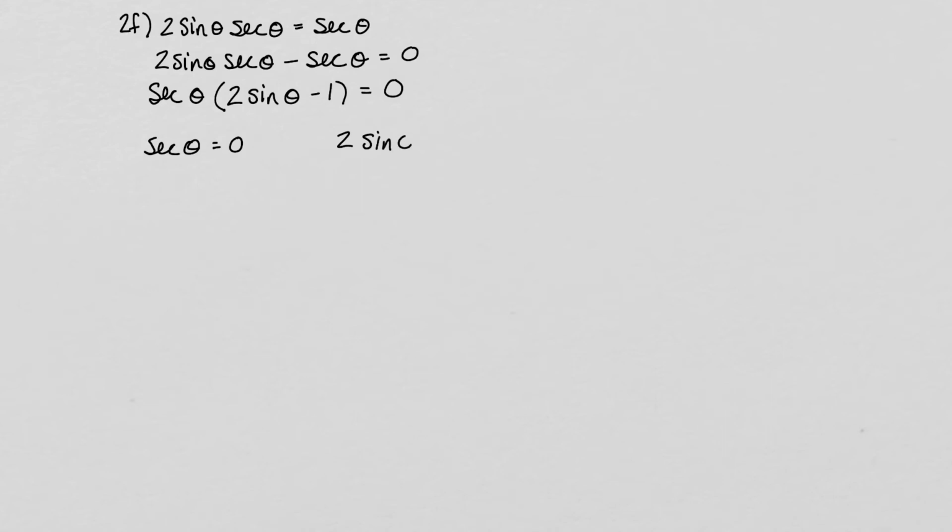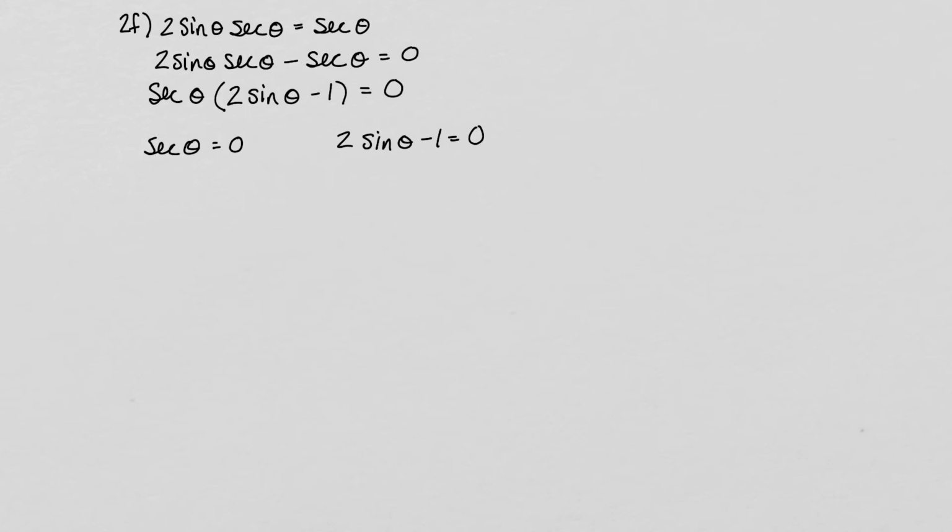And 2 sine theta minus 1 equals 0. Okay, so you can't divide by a trig function when you're solving an equation because you could potentially end up losing solutions. In this particular problem, you wouldn't. You could divide by the secant of theta because the secant of theta is never equal to 0.